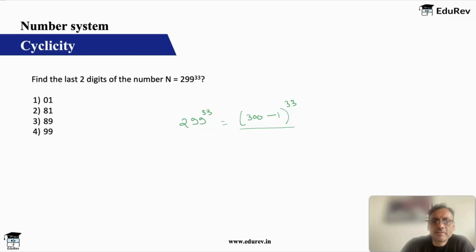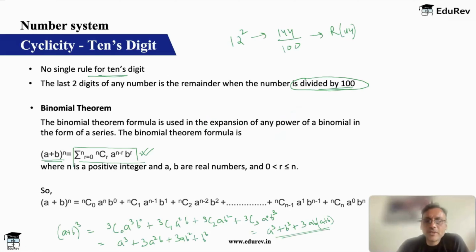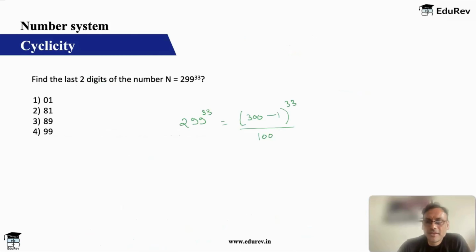And this if I divide by 100. Okay. Now, if you remember the binomial here, you see here the last term of the expansion will be what? The last term is the only term where a will not come. It will be only b, right?